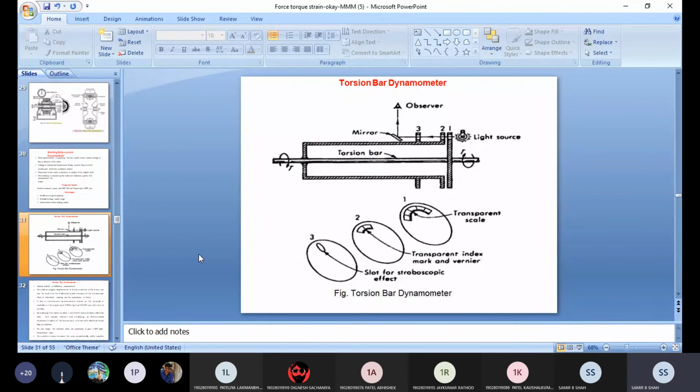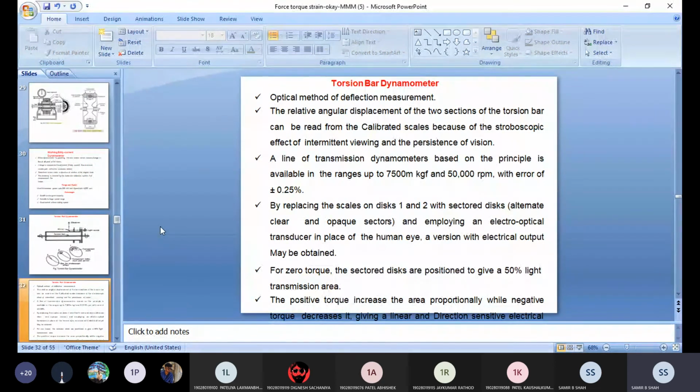You can just see here the arrangement of mirrors, a light source applied on the torsion bar, and based on optical principle we get the deflection and we get the result of torque. Optical method of deflection measurement is used in torsion bar dynamometer.